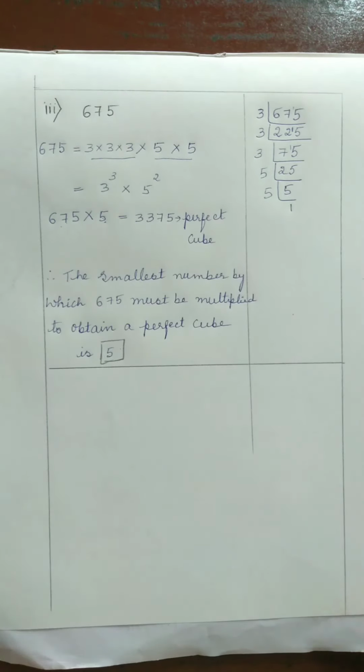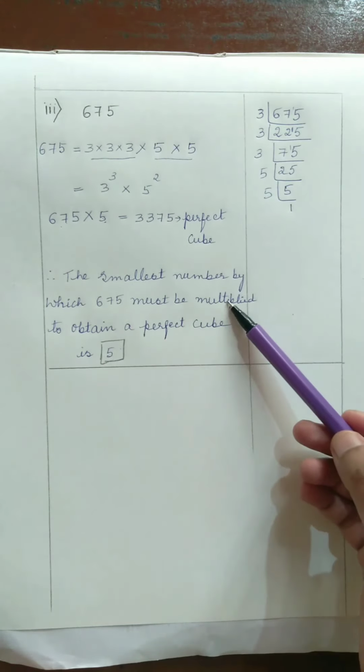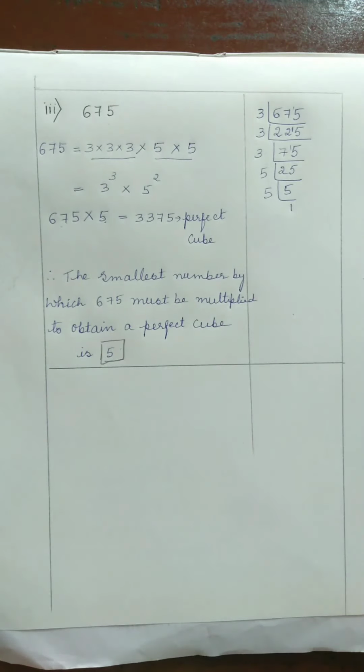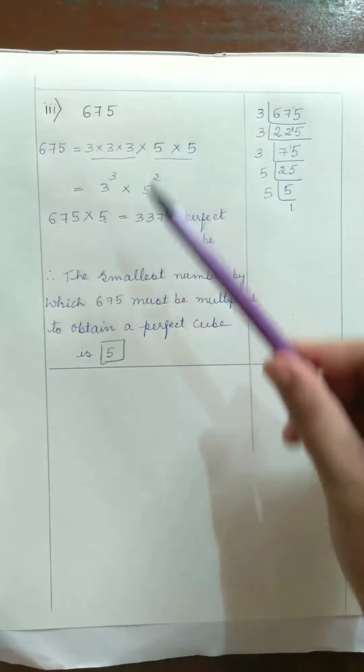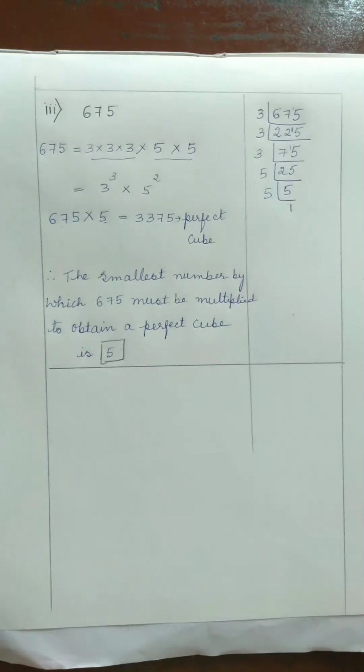Therefore, the smallest number by which 675 must be multiplied to obtain a perfect cube is 5. Therefore, this is the method how to find the smallest number by which the given number must be multiplied so that we will obtain the perfect cube.